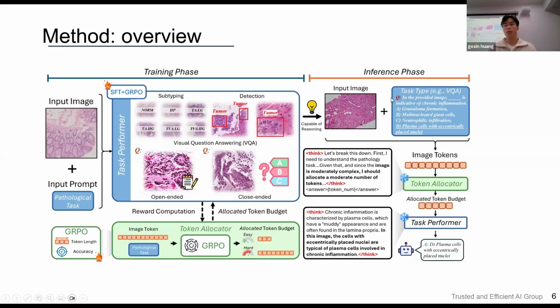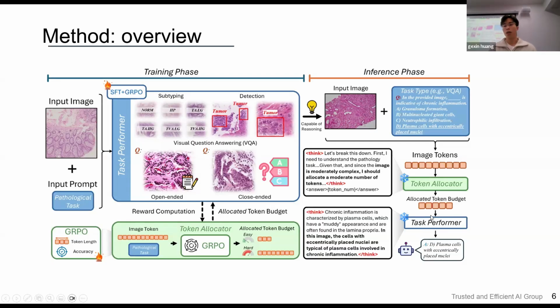And during the inference phase, when we get a test input image and the corresponding task, it will utilize this token allocator first. It will comprehensively evaluate the complexity of this task and determine the number of tokens.